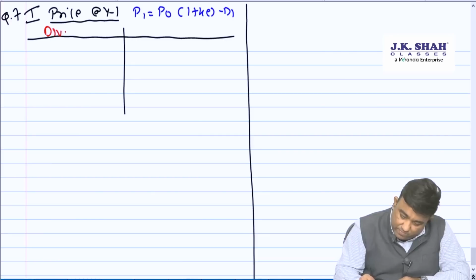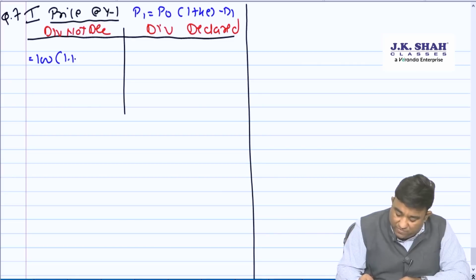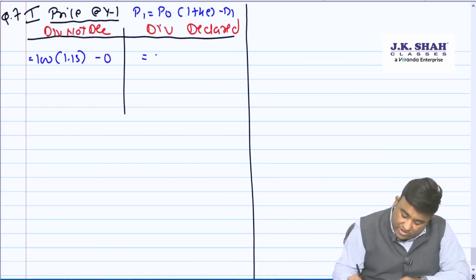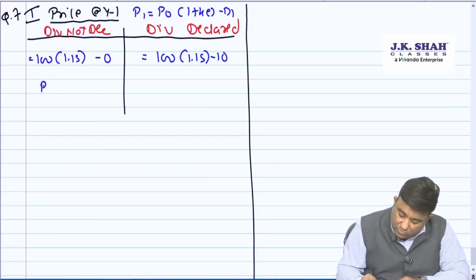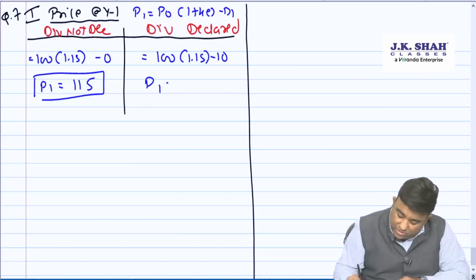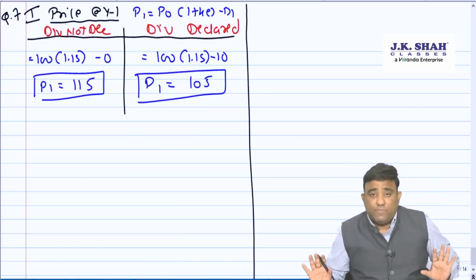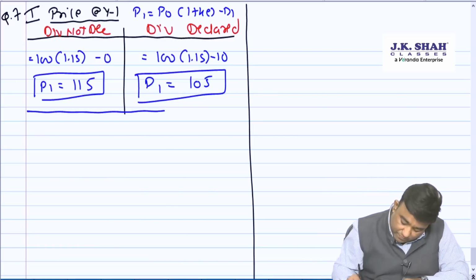Dividend not declared and dividend declared. Student, first answer 100 into 1.15 is Ke, no dividend required. 100 into 1.15 minus 10 rupees dividend required. So P1 is going to be 115 and here P1 is going to be 105. I think very clear, everyone. Very simple. That is the first answer.